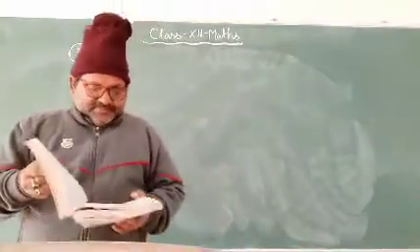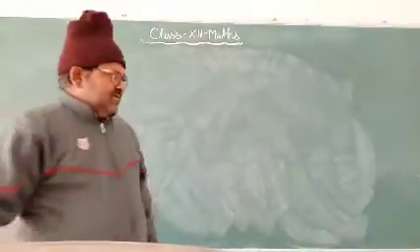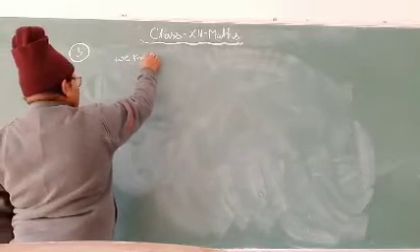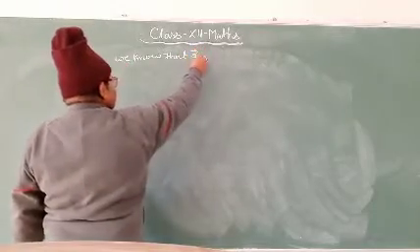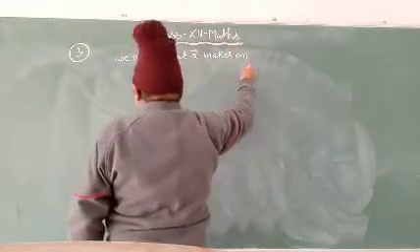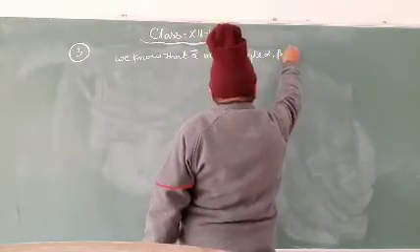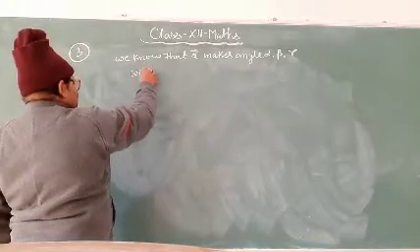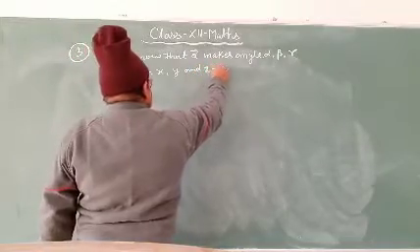We know that vector A makes angles alpha, beta, gamma with the x, y and z axis.